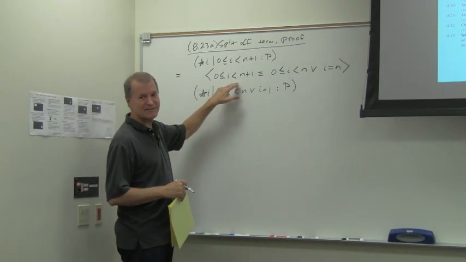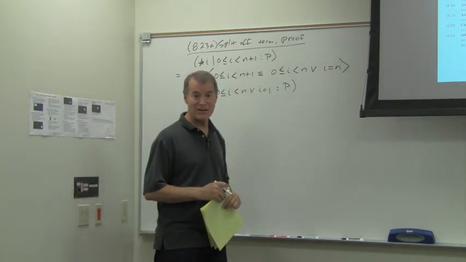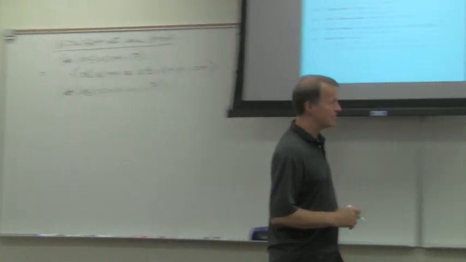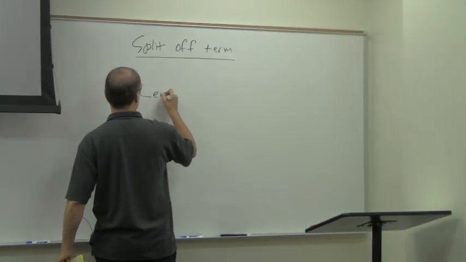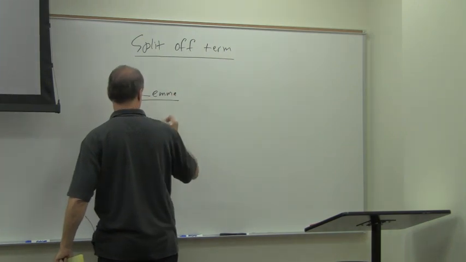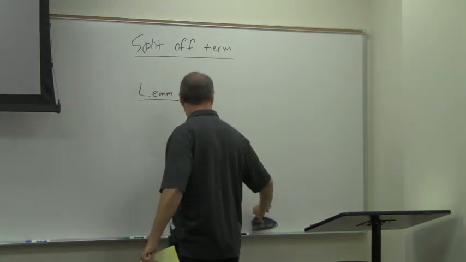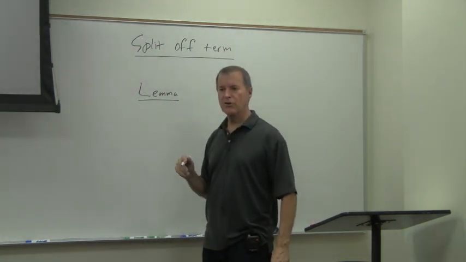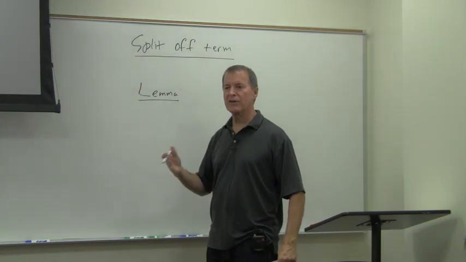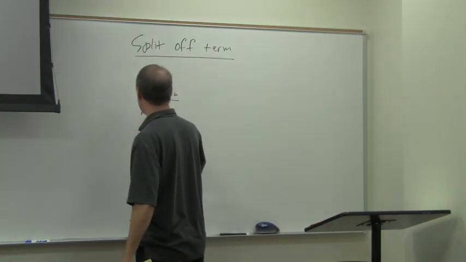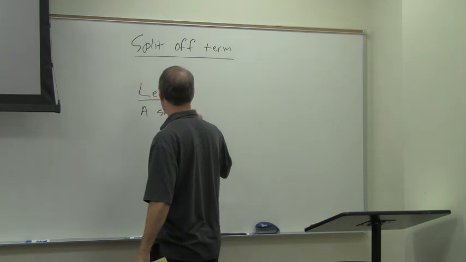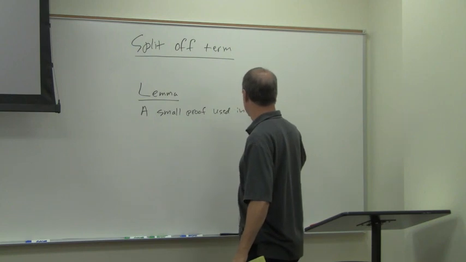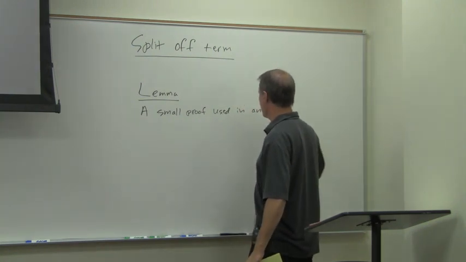This is a lemma. Do you guys know what a lemma is? Have you ever heard the word lemma? Or have we used lemmas in here before? No. We will occasionally. A lemma is a small proof used in another proof.